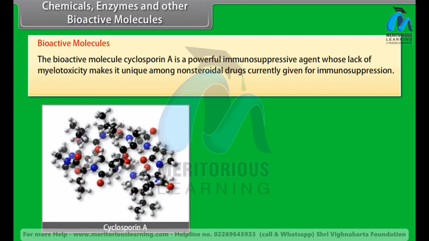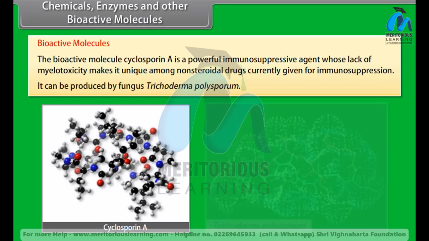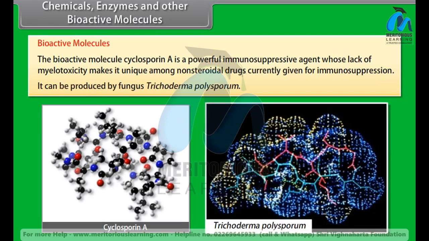The bioactive molecule cyclosporin A is a powerful immunosuppressive agent whose lack of myelotoxicity makes it unique among non-steroidal drugs currently given for immunosuppression. It can be produced by the fungus Trichoderma polysporum.